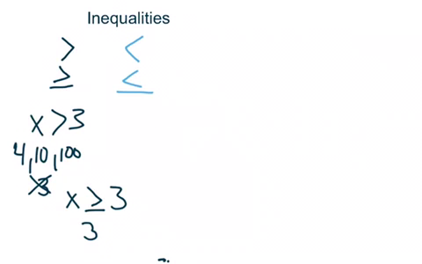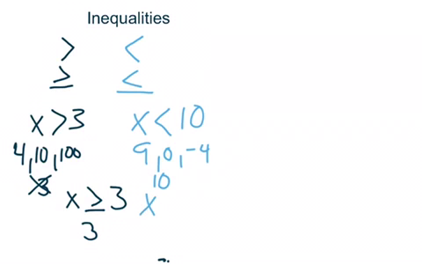If I had x is less than 10, that would mean all numbers for x have to be less than 10, like 9, 0, -4 would all be appropriate. And here 10 would not work because 10 is not less than 10. But if I had x less than or equal to 10, then 10 is okay.